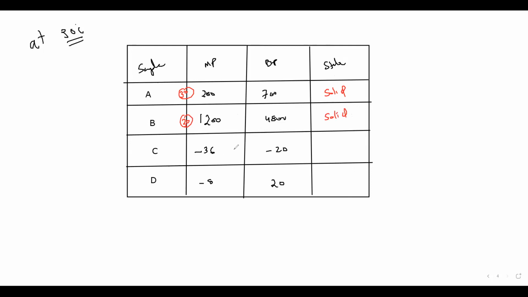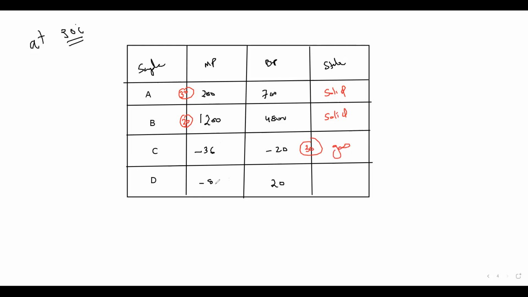What about C? So minus 36 and minus 20. Where will 30 come? It will be a temperature after the boiling point. So if it is after the boiling point, it means it will be a gas.